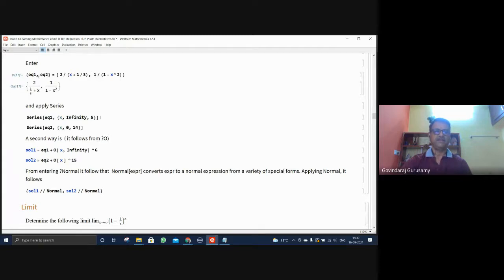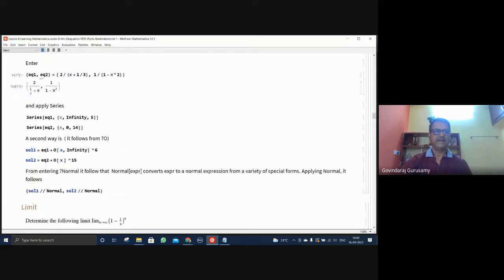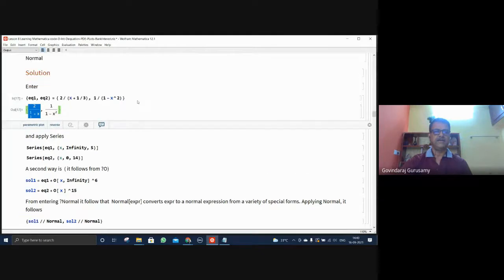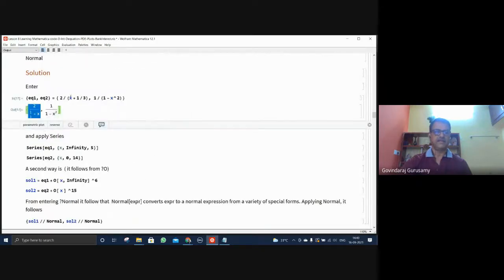Equation 1 is redefined because equation 1 was already used here. That's why it appeared as black even though it was entered. But when I enter it here, this equation 1 is replaced by this. That is what is given here. It's no longer an equation of the earlier one. It's now the latest defined equation or expression.